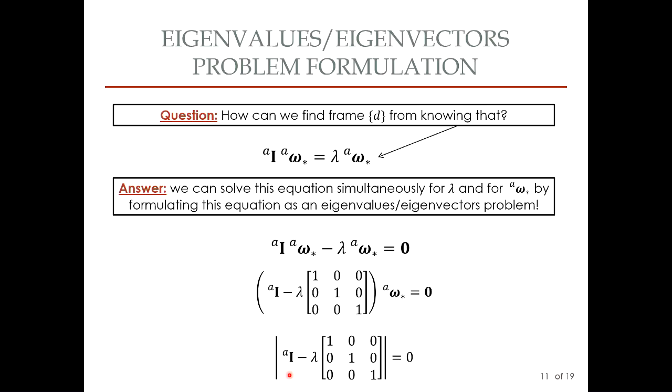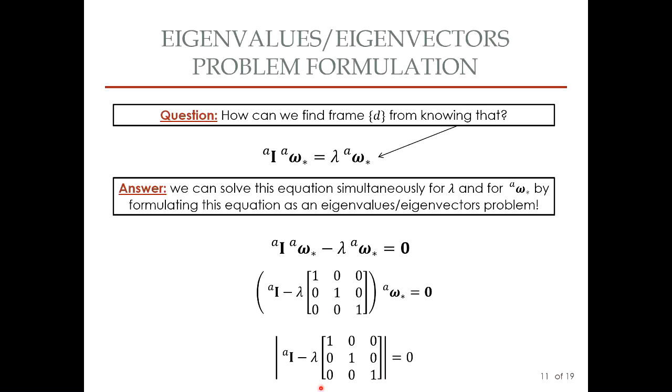It means that constructing this equation for an appropriate symmetric inertia tensor, you will be able to find simultaneously 3 such lambdas, because you will have a polynomial essentially of order 3.